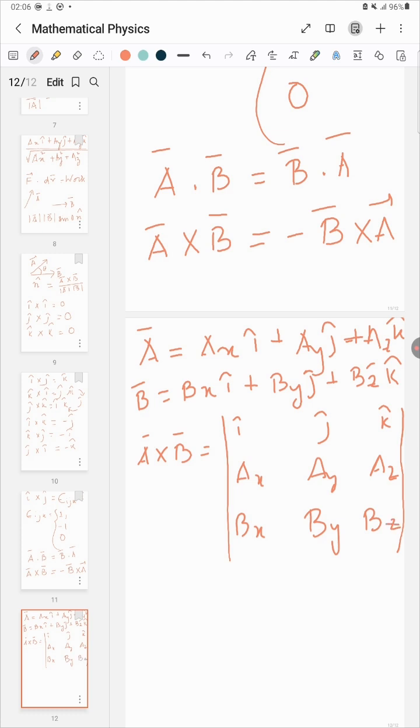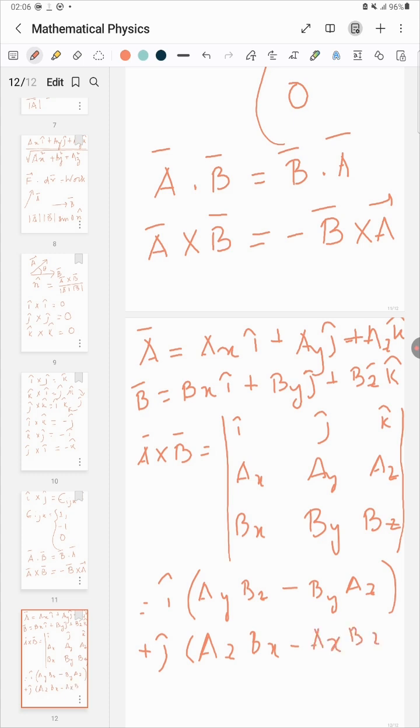So the cross product between them is i cap (Ay Bz minus By Az) plus j cap (Az Bx minus Ax Bz) plus k cap (Ax By minus Bx Ay).